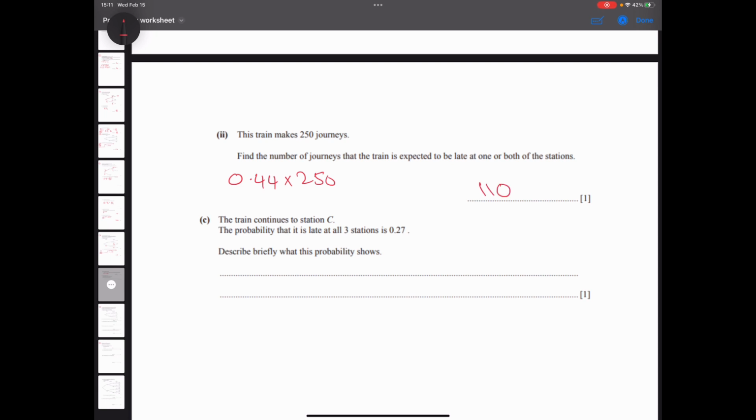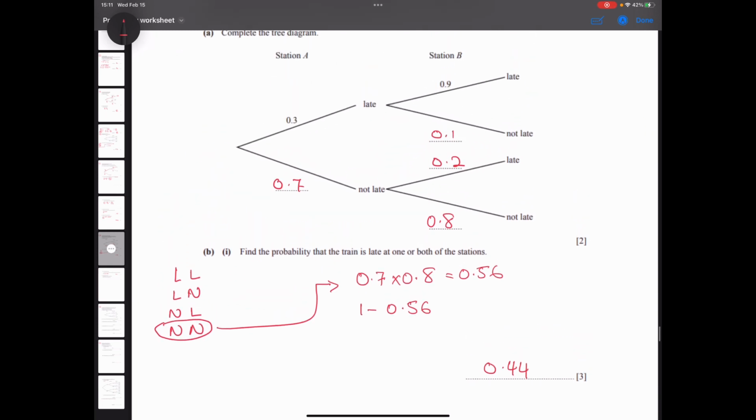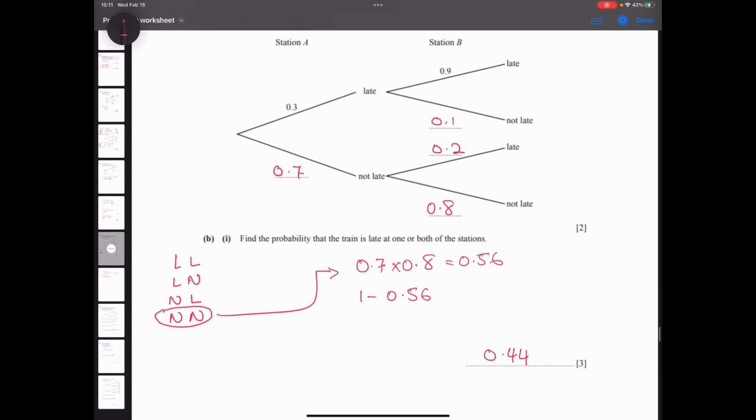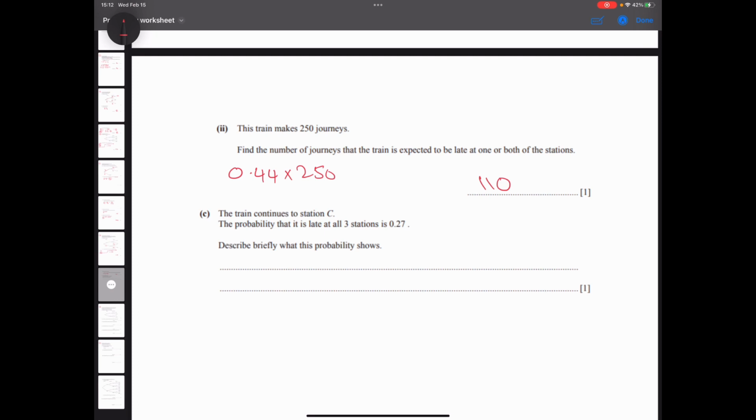The train continues to station C. The probability that it's late at all three stations is 0.27. Describe briefly what this probability shows. So late and late is 0.3 times 0.9, which is 0.27. Okay, so 0.3 times 0.9 is 0.27, and this is lateness in just two stations, which means that in the third station it's going to certainly be late to give me the same 0.27.